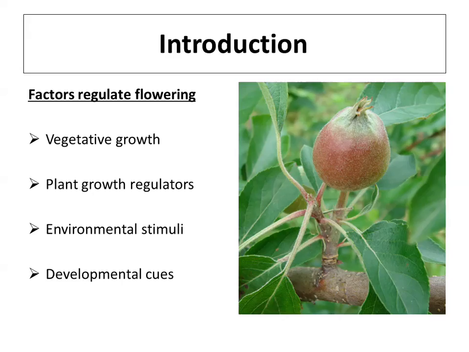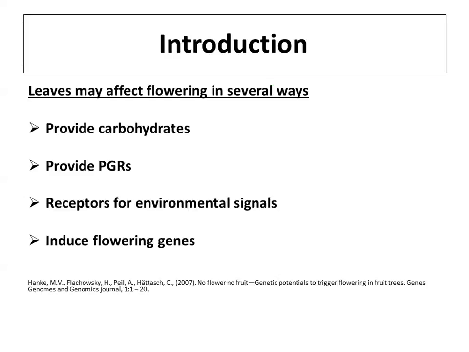If we think about what factors regulate flowering, it's vegetative growth, plant growth regulators, environmental stimuli, and developmental cues. If we think where these things take place, most of them for sure will take place where? In the leaf. So leaves may affect flowering in several ways.